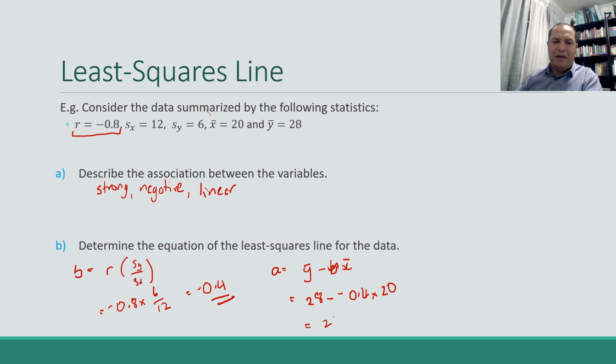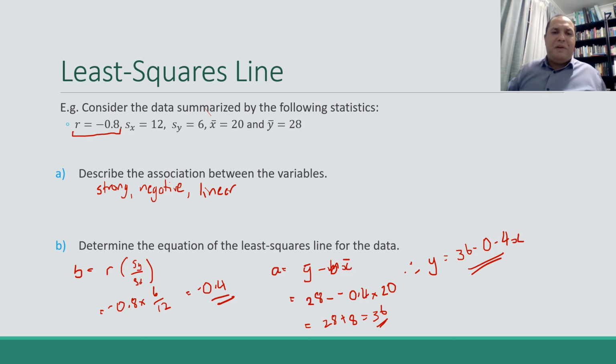This equals 28 plus negative 0.4 times 20, which is 36. So therefore our equation is y equals 36 minus 0.4x. For this one, students, we're given all the information up here, and basically we just need to substitute it into the formulas on our formula sheet to get our values for B and A.